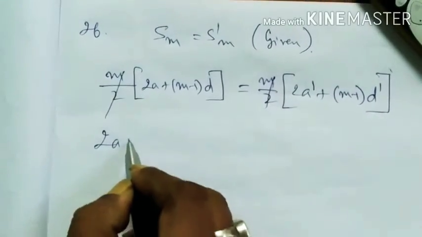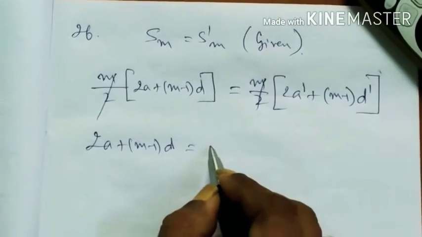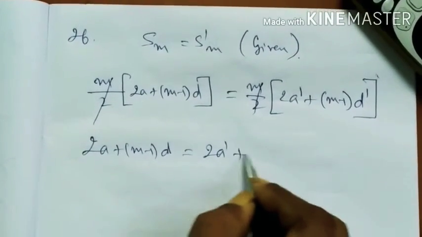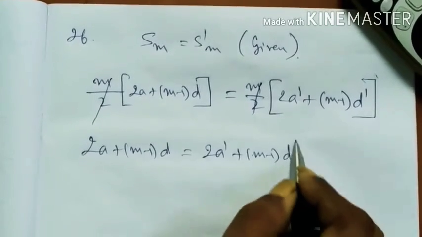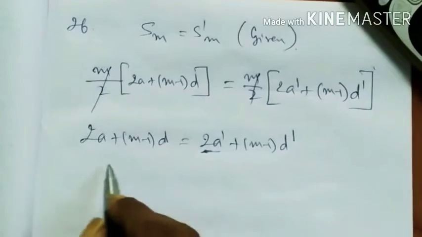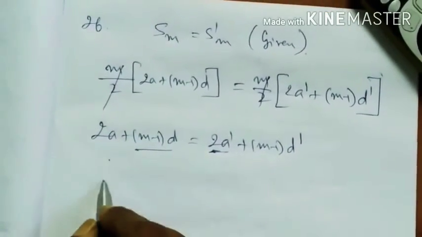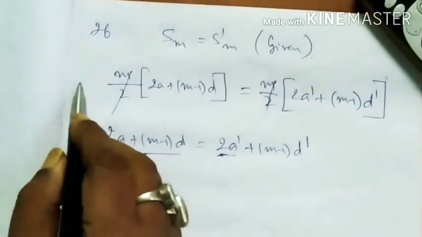So 2a plus m minus 1 d is equal to 2a dash plus m minus 1 d dash. Now I am taking this a dash to the left side and this to the right side.